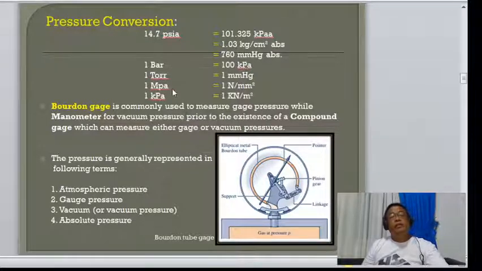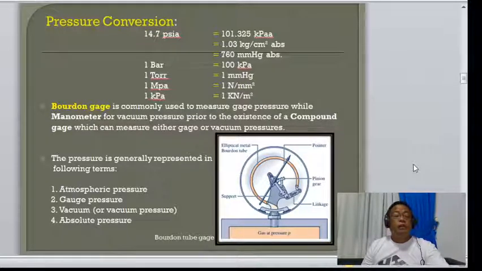So this is the example of a Bourdon tube. That also measures pressure. Generally, pressure is represented in the following terms. One, we have the so-called atmospheric pressure.